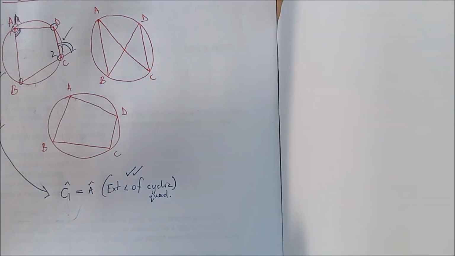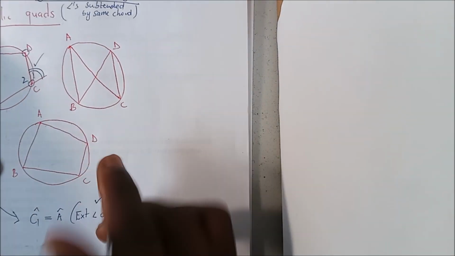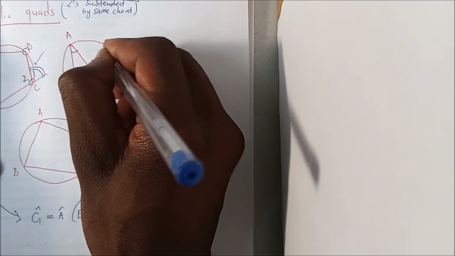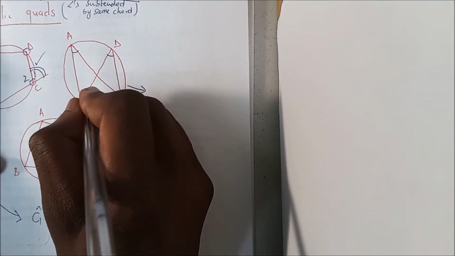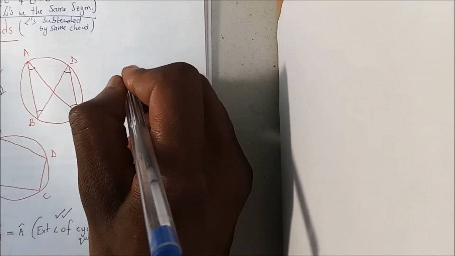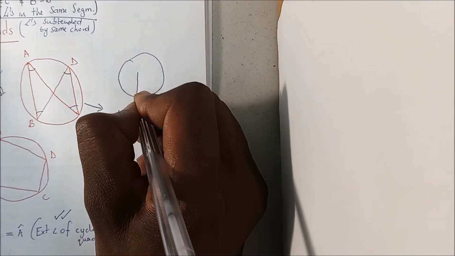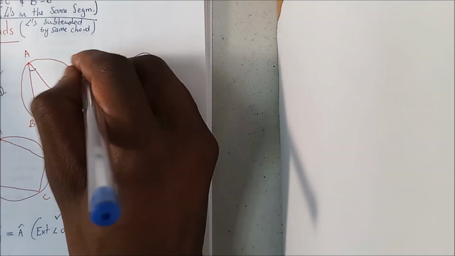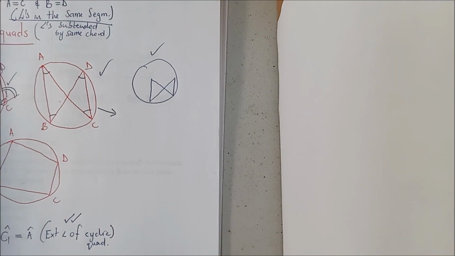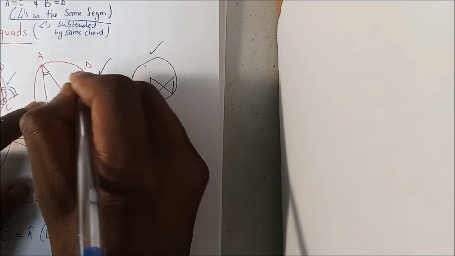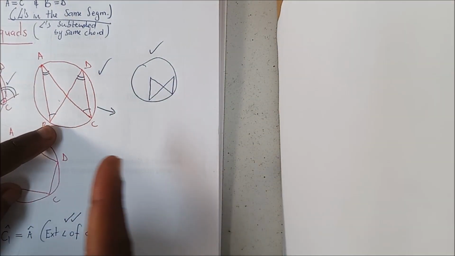So you need to know this thing. So let's look at this one. This one, we know it. A equals D and then B equals C. And guys, this is not the same thing as, you see these two different things. Remember, for us to say A equals D, all the points must be on the circumference.